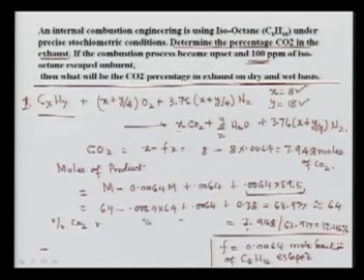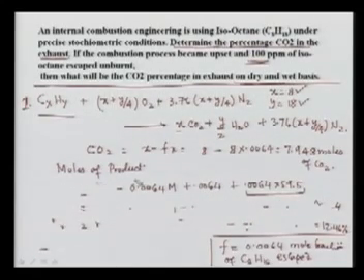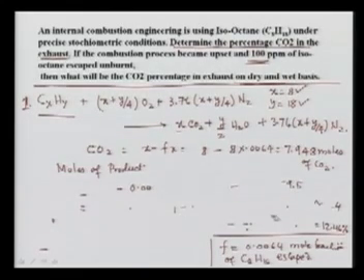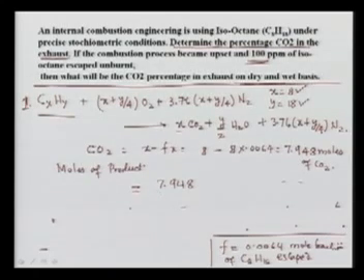So I can remove this now. I will not consider the moisture, and I can find out on the dry basis. In the exhaust CO2 is the same, 7.948, and total was 64 minus the moles of water.